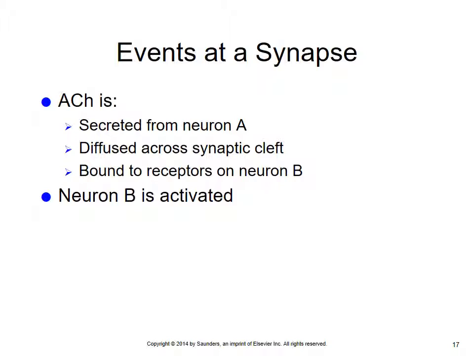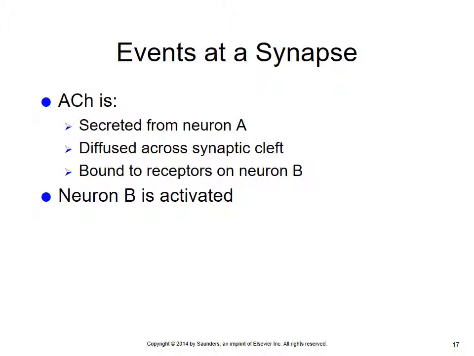So what are the events at a synapse? If you would refer to figure 10.9 on page 181 of your text, you will see an illustration of how the nerves communicate and the various steps.